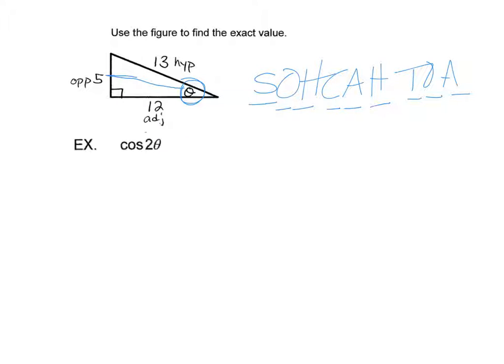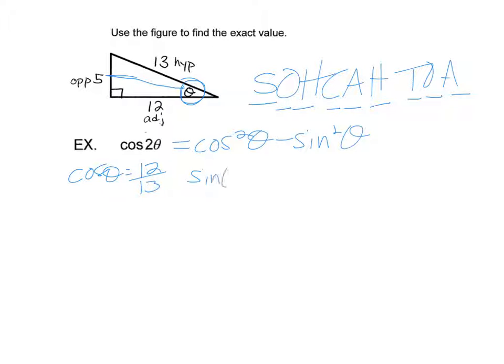I'm going to use the formula that says cosine 2 theta equals cosine squared theta minus sine squared theta. And because of the triangle, I can figure out the values for sine and cosine. Cosine is the adjacent over the hypotenuse, so that would be 12 over 13. The sine is the opposite over the hypotenuse, which is 5 over 13.